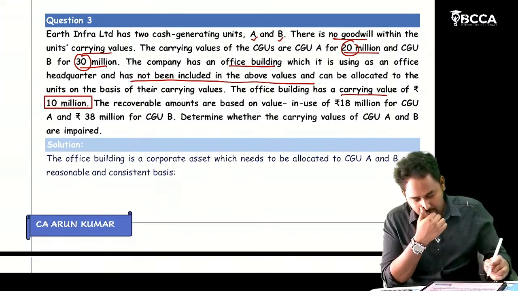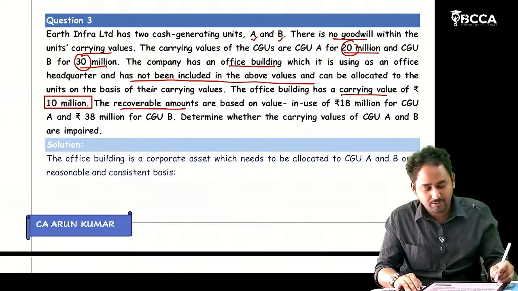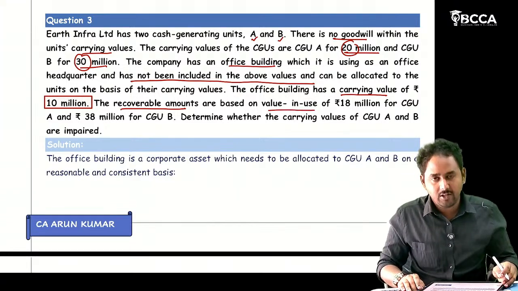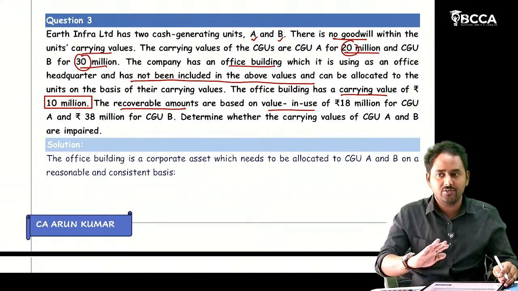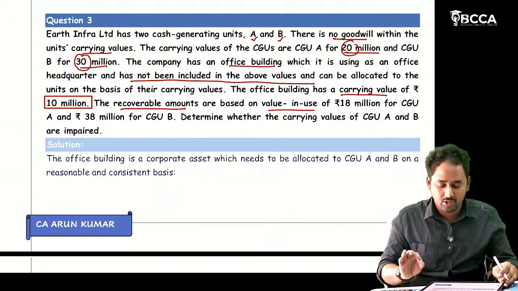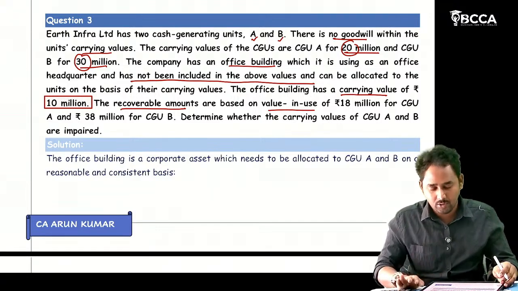Then what is the recoverable amount? Based on value in use. The recoverable amount is fair value less cost to sell or value in use, whichever is higher. If fair value information is not given in the question, I can assume that the recoverable amount equals value in use.